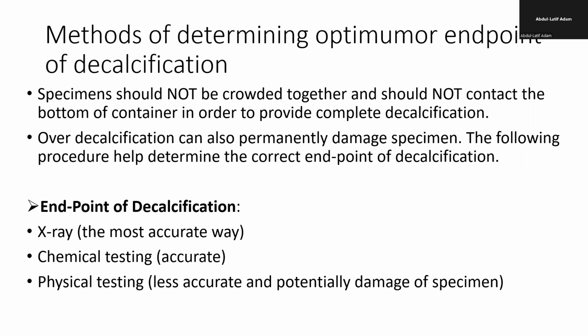You come and take some of the fluid and then go and check for the presence of calcium. Okay, if it's positive, it means that there is still some calcium in the tissue. So you take it intermittently to check. So when you check and there is no calcium in the fluid, then it means that decalcification is complete. Then you continue with the rest of the processing of the tissue.